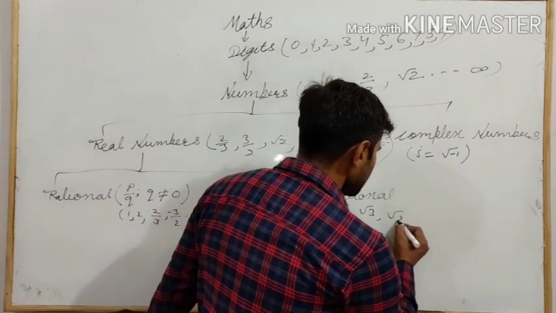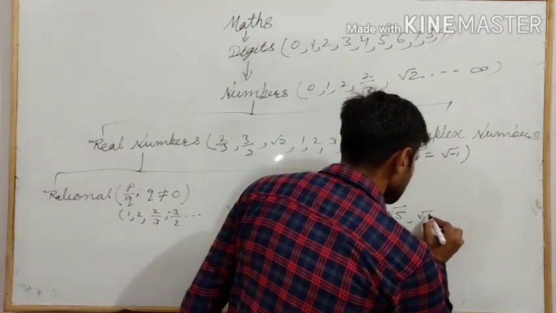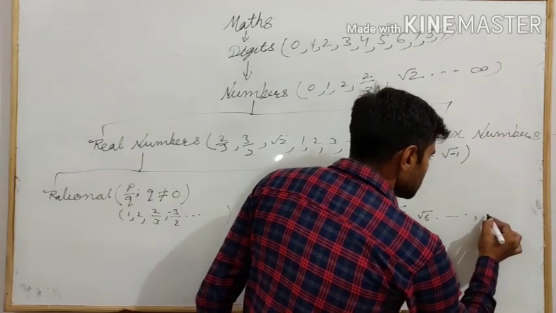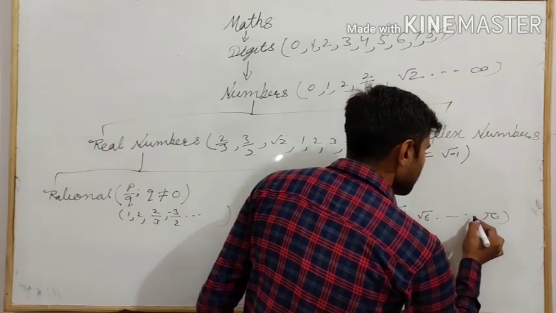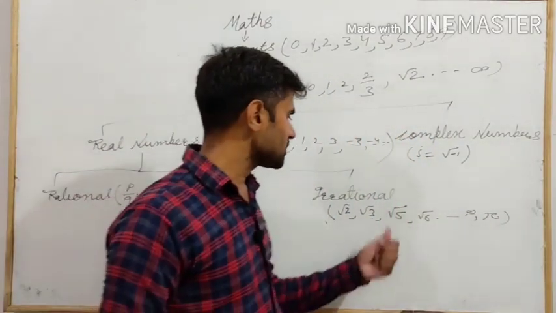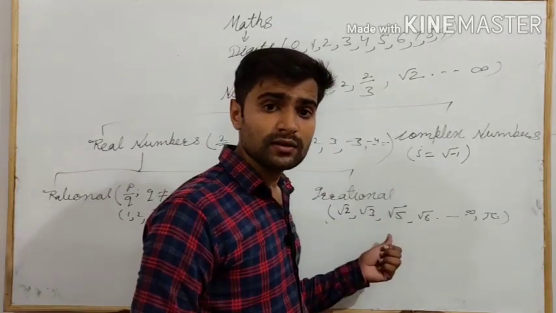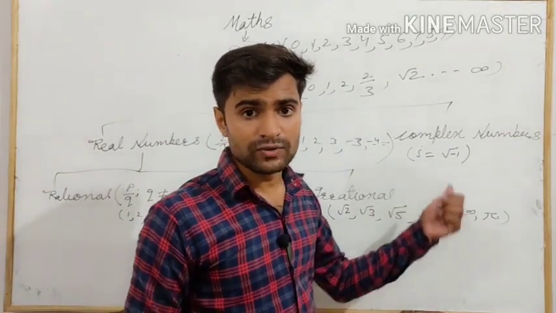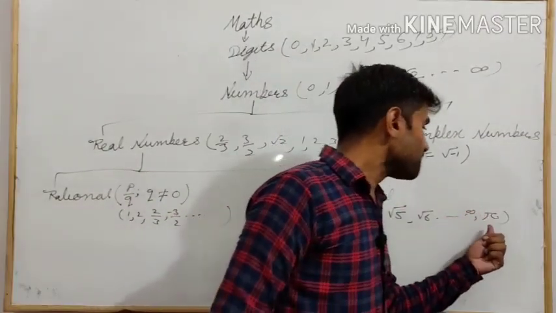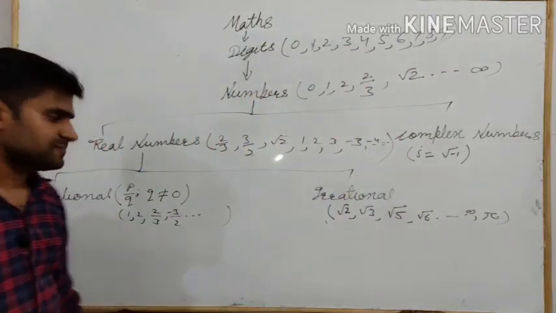And as an exceptional case, pi is also an irrational number.